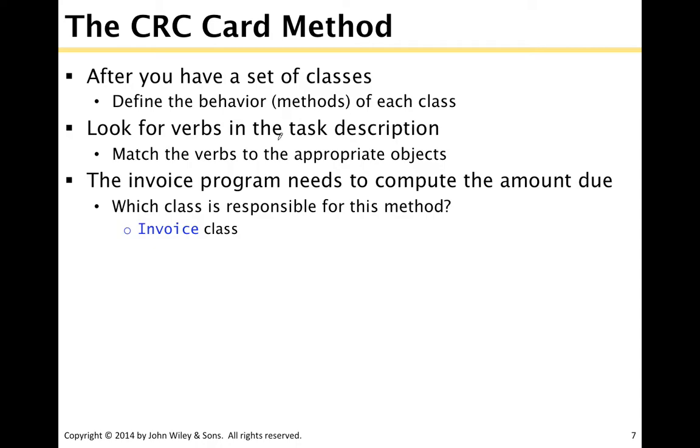Look for verbs to find the behavior. So I go back to the first problem, the invoice program. We need to compute the amount due. Which class is responsible for this? Invoice is responsible for computing the amount due. Then computing the amount due becomes a method or behavior of the invoice class.